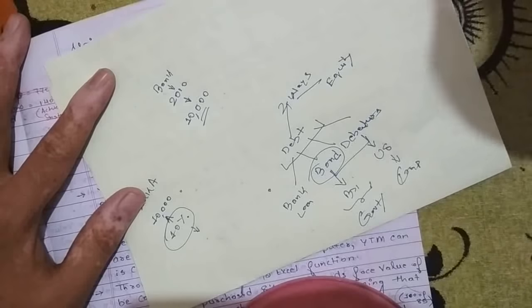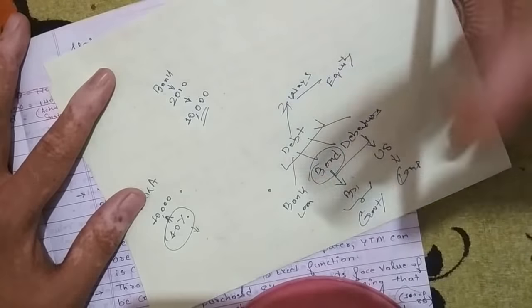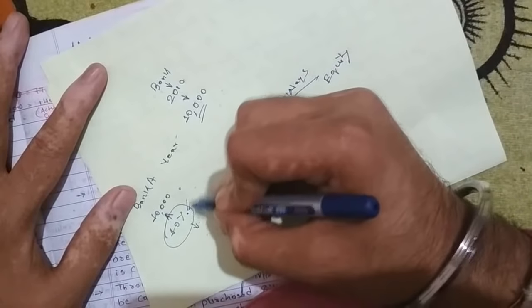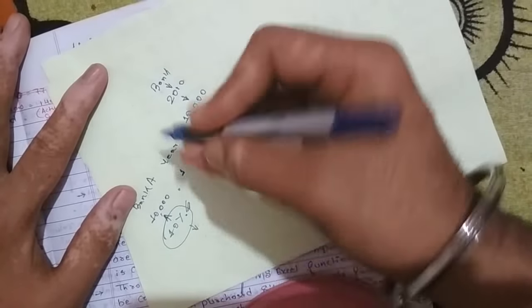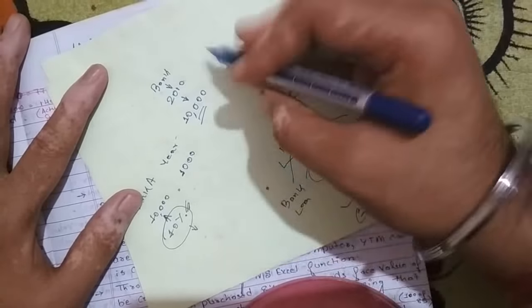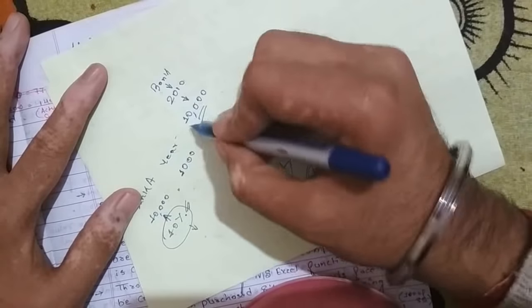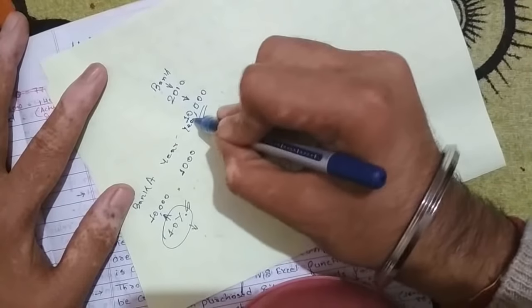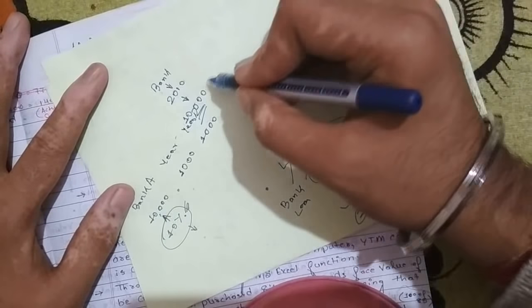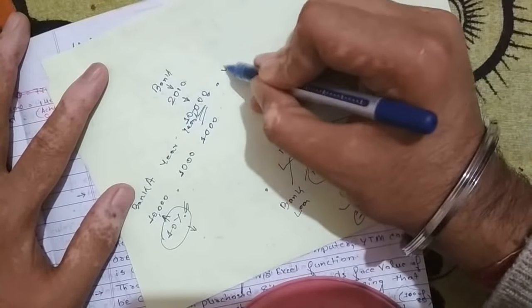at maturity time. But in a bond, the provision is that in year 1 you will get this 10% interest, or you can say 1,000 rupees. Then in year 2 you will gain another 1,000 rupees. Let's say the maturity is up to 5 years.